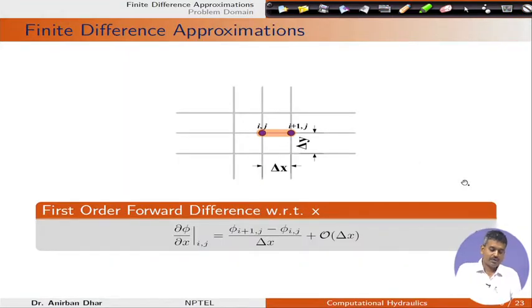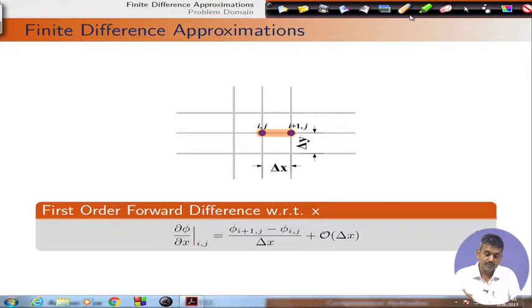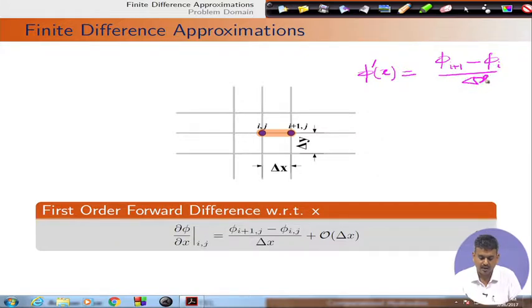So, first approximation is forward difference with respect to x. In our discretization, we have seen for a single dependent variable, if we take the forward difference, obviously this is phi i plus 1 minus phi i divided by del x.